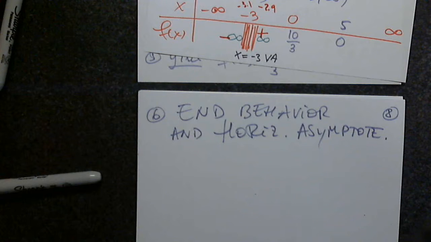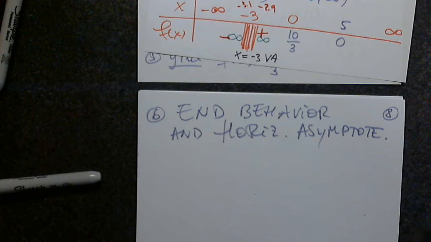What was the end behavior? Either negative infinity to positive infinity, or positive infinity to negative infinity, or positive infinity to positive infinity, or negative infinity to negative infinity. Well, type 1 and type 2 are very special. They have a horizontal asymptote, meaning the function at infinities is not going to be positive or negative infinity, but it will approach a number.